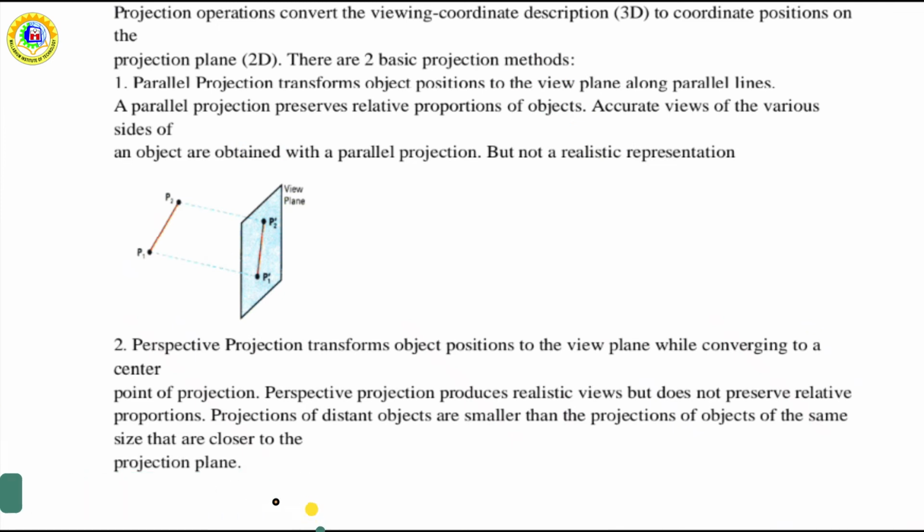Projections of distant objects are smaller than the projection of an object of the same size that is close to the projection plane.